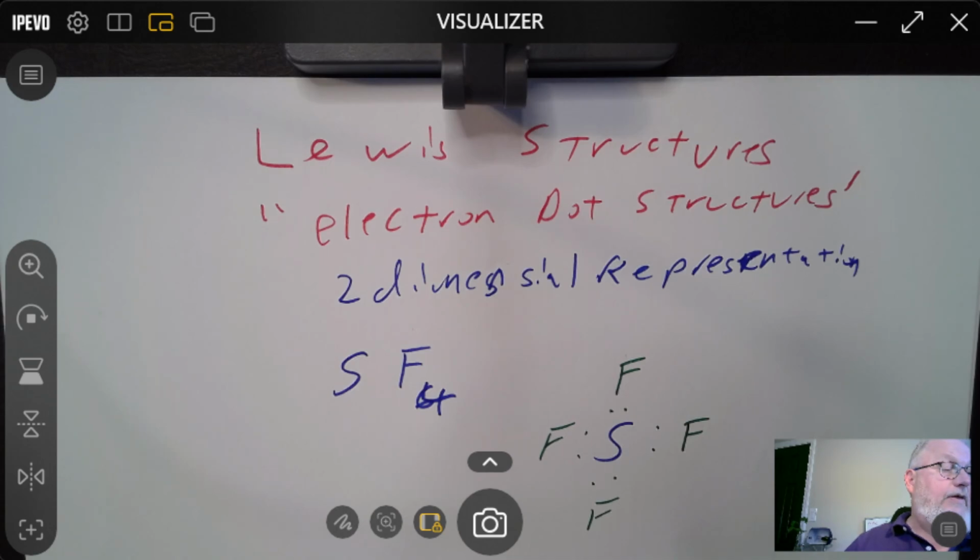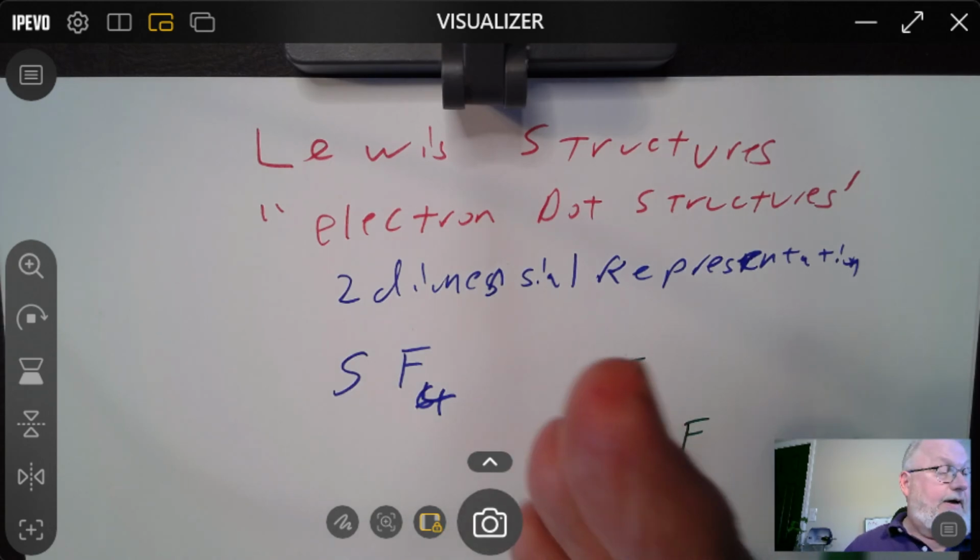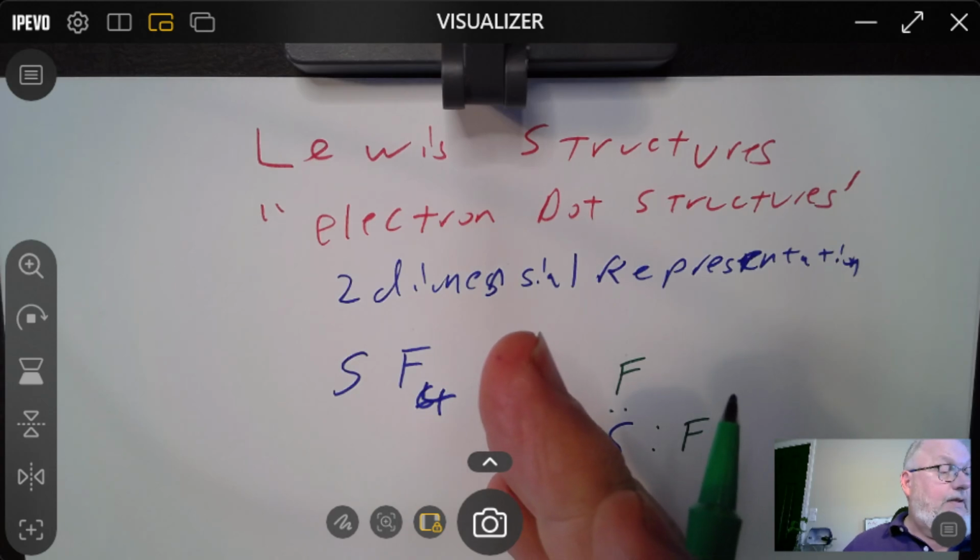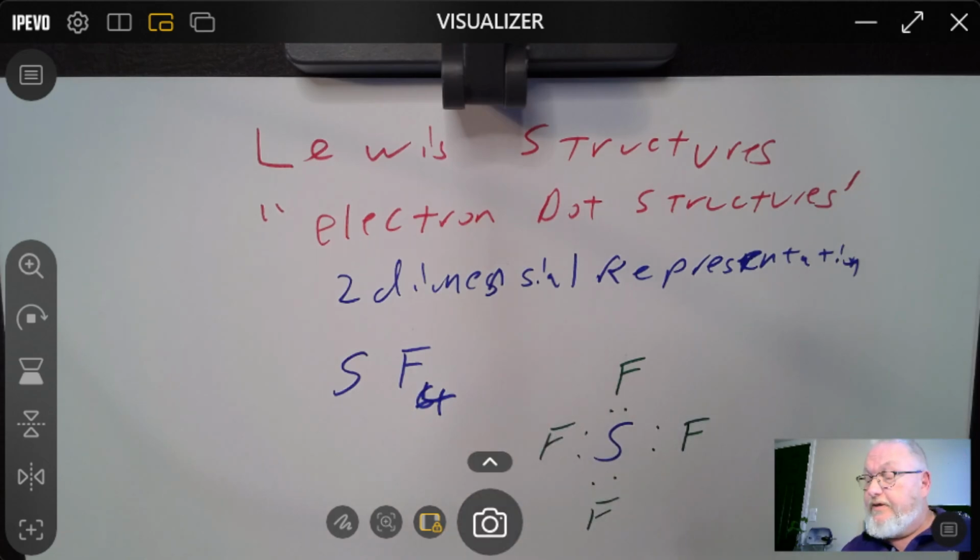Now we're going to make sure that we have the proper number of electrons around our sulfur. Now, sulfur has 6 electrons around it.